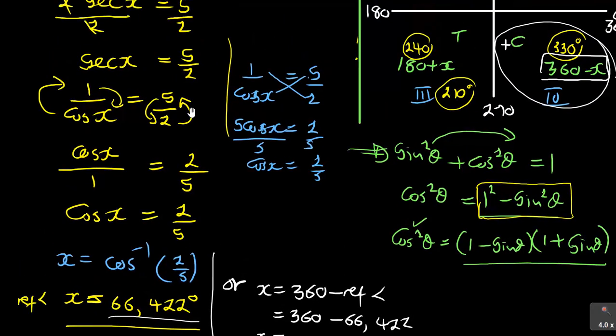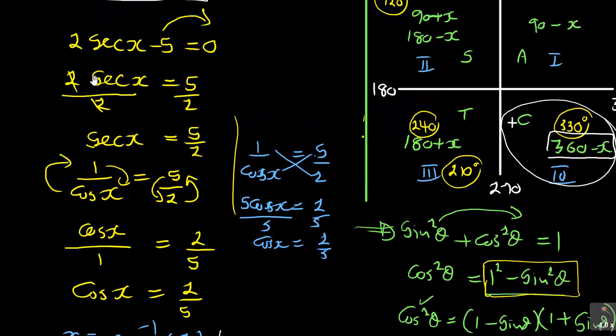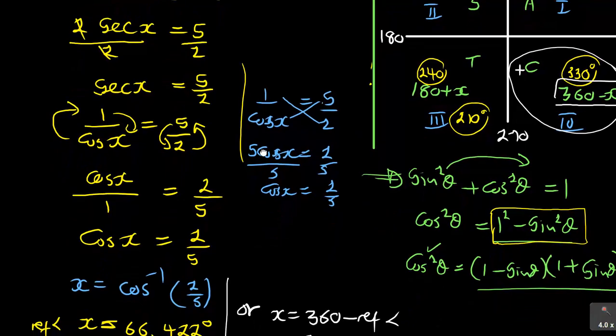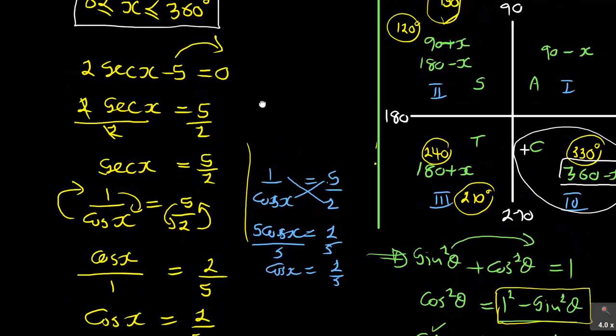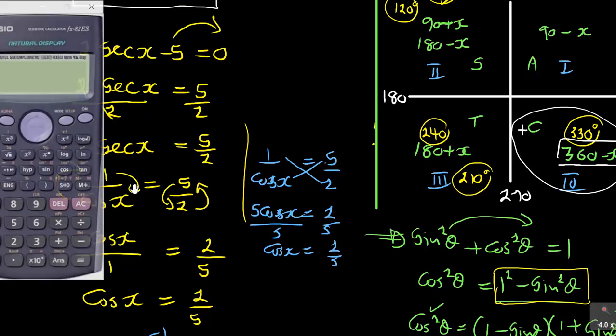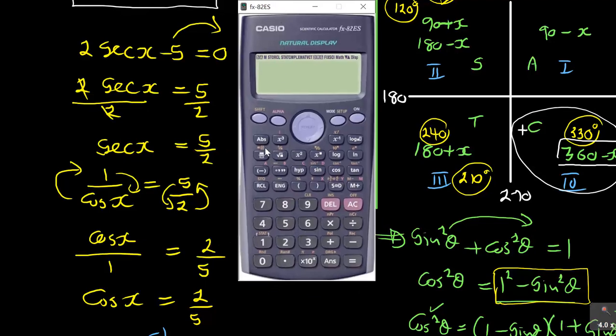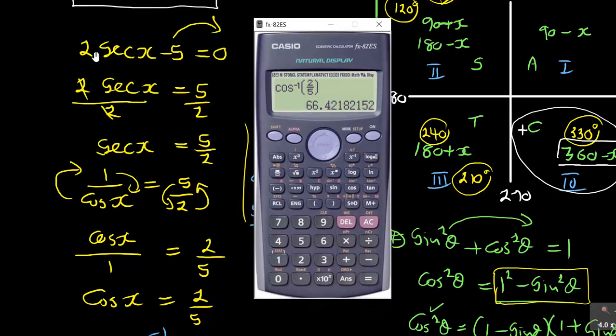Remember they are saying 2 sec x minus 5 is equal to 0. So that you get your real value, you say shift arc cos 2 over 5, and this is what I actually got. You take this whole number and put it in the first one.